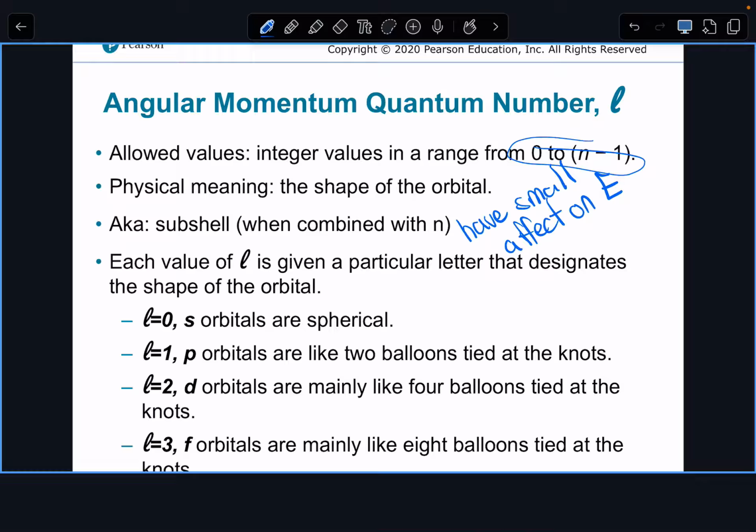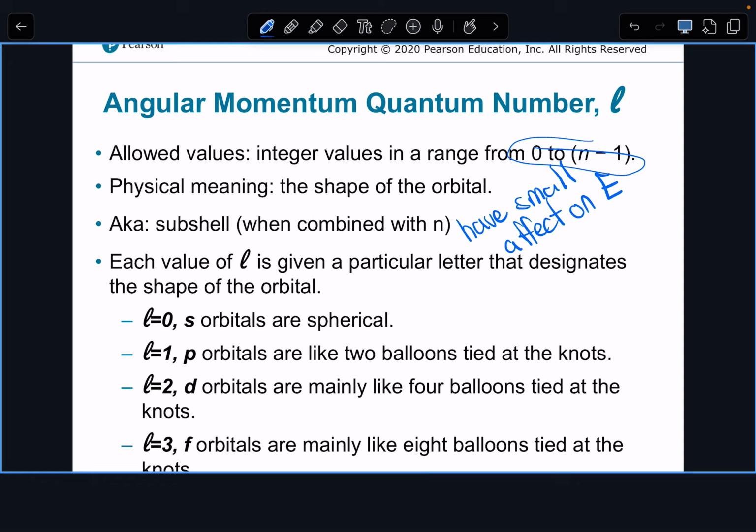Let's say n equals 2. For n equals 2, the L is a range from 0 to n minus 1. In this case, n is 2, and 2 minus 1 is 1. So 0 through 1, okay? Meaning L at n equals 2 can either be 0 or 1.